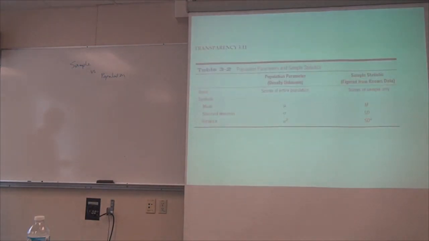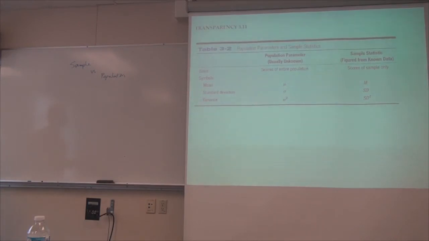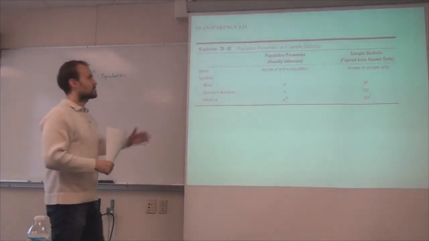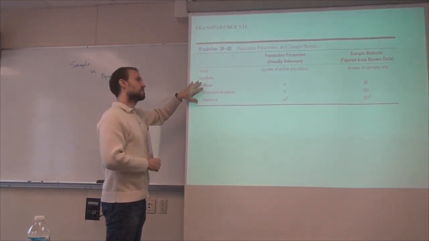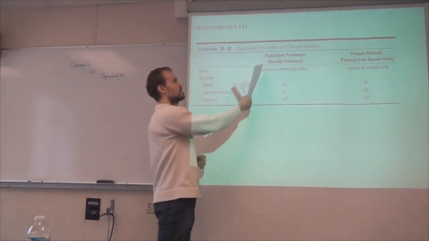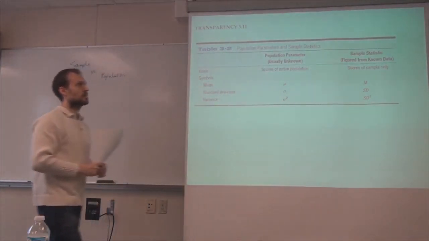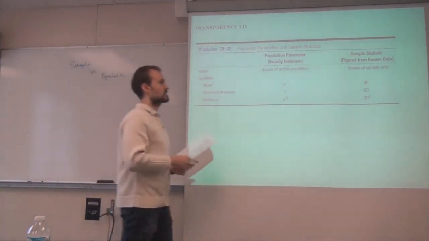Now, to be perfectly honest, when we get to the mean, standard deviation, variance, we want the symbols to have different names so that they immediately indicate whether I'm talking about the whole population or the sample statistic value.